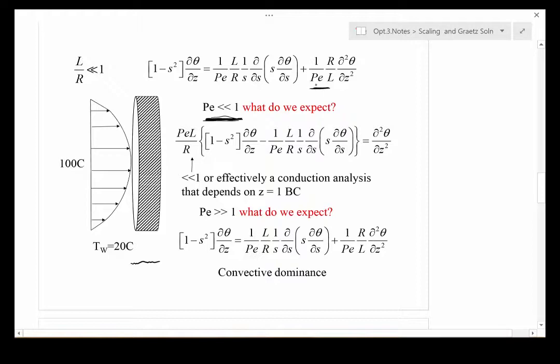We're going to make the d squared theta dz squared coefficient equal to 1. So now this is 1 times d squared theta dz squared. It says that if Peclet L over R is small, then the physics associated with almost all these other terms are relatively small. It certainly tells us that we don't have to worry about the convection term.